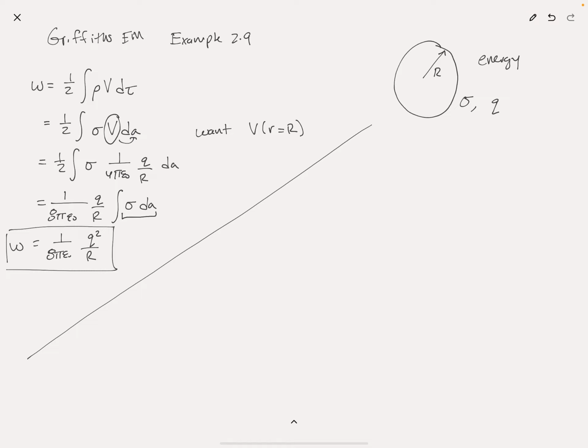Let's borrow this expression from example 2.7.